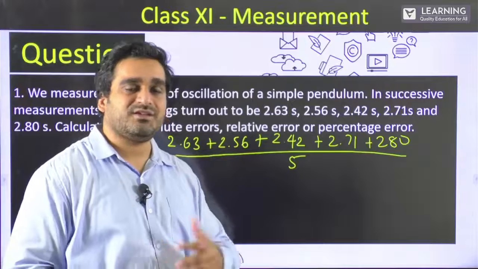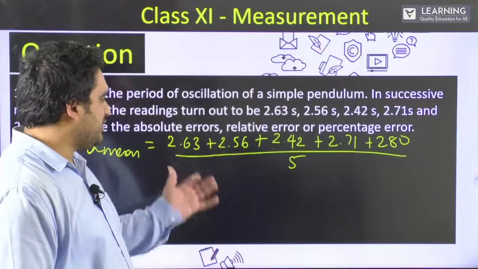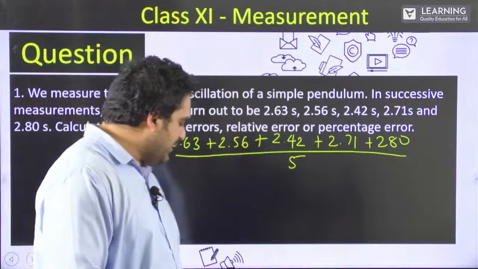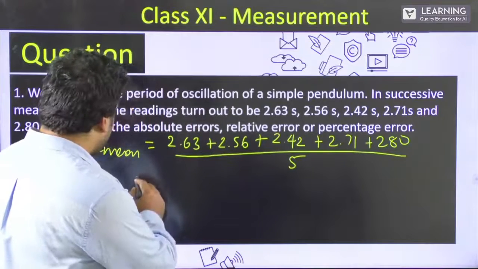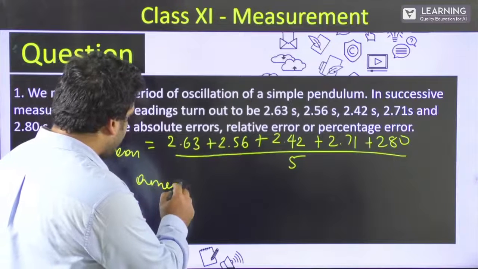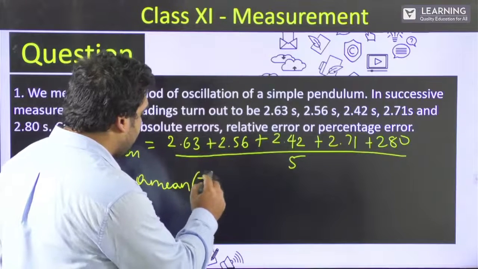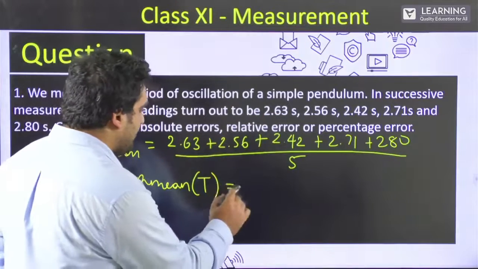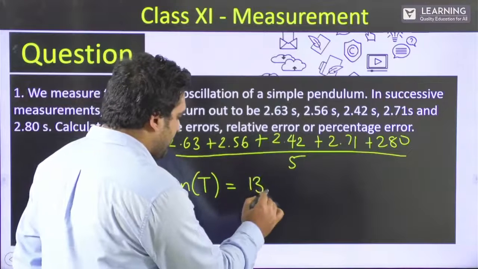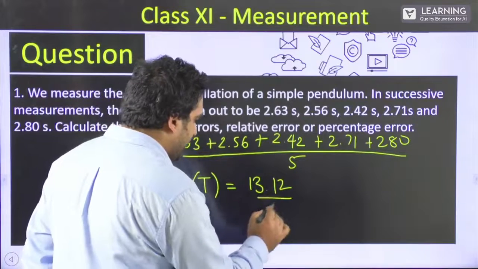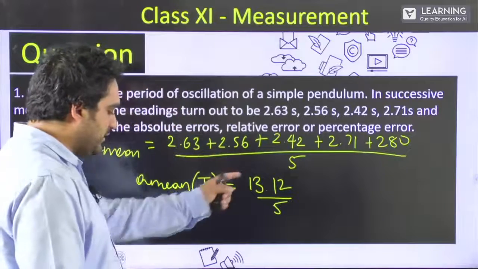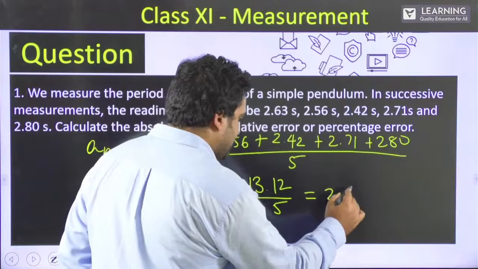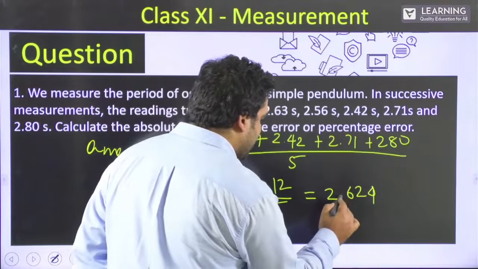So go ahead, add them up and divide by 5. By adding them up, you get a mean, which I'll write as capital T to show it is the time taken, equal to 13.12 divided by 5, which is about 2.624 seconds.